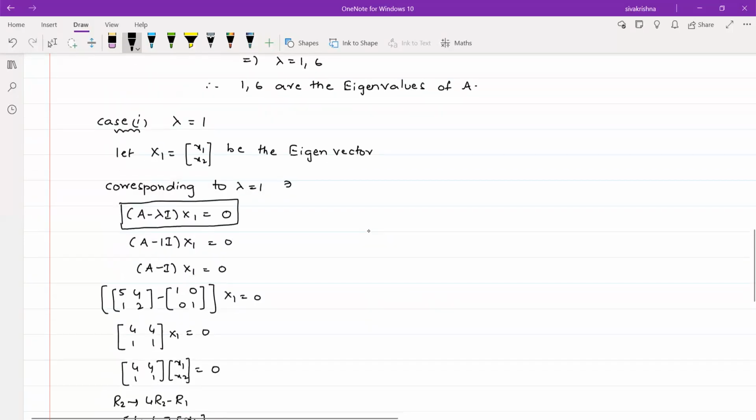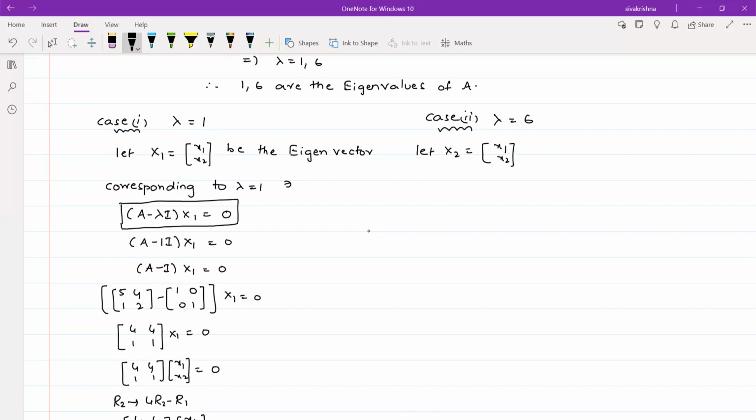Coming to case 2, we have to find another eigenvector corresponding to lambda is equal to 6. For every eigenvalue, we can find an eigenvector. So for this also, once again, listen carefully. Let x2 be the eigenvector, x2 is equal to x1, x2.